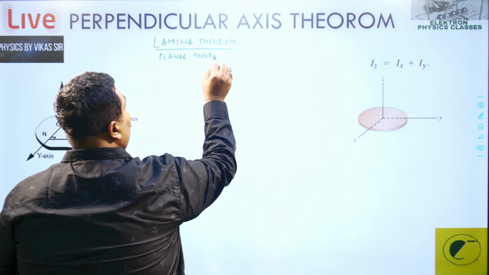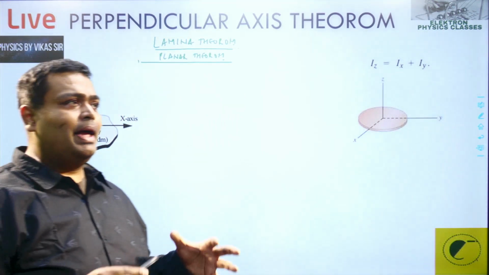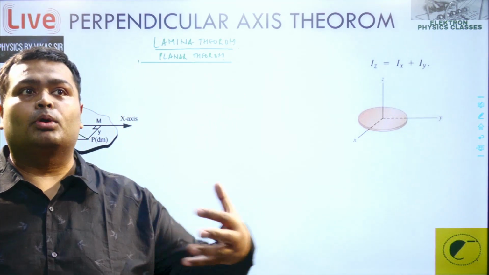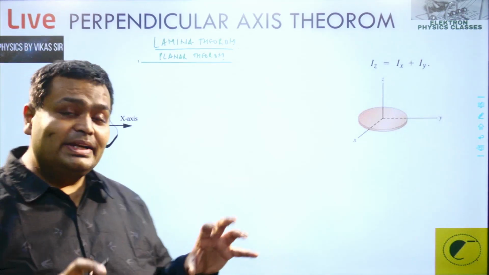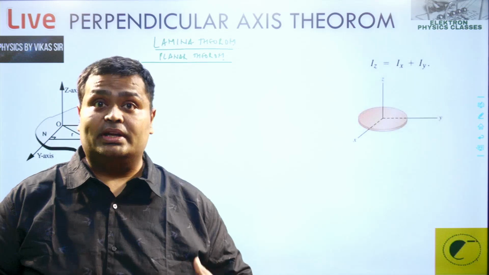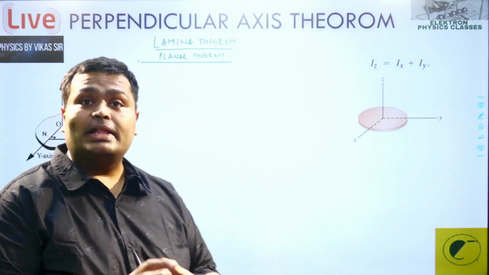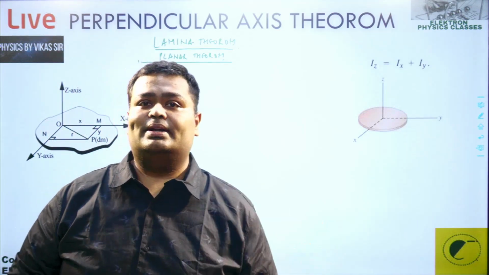It is applicable only for planar bodies. We also have a 3D theorem for this, but we don't get questions from the 3D part. The 2D is in our syllabus.